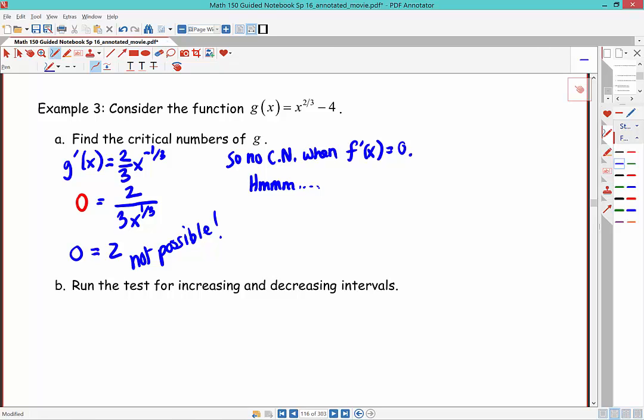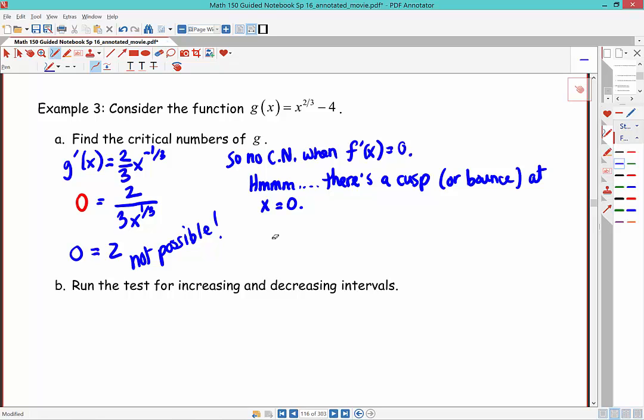Exactly. There's a cusp or bounce. I think of it as a bounce at x equal to 0. You're going to have this cusp or bounce right at x is 0.